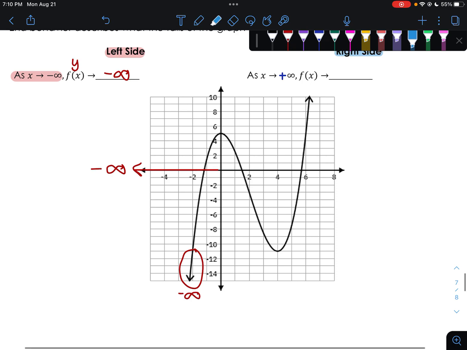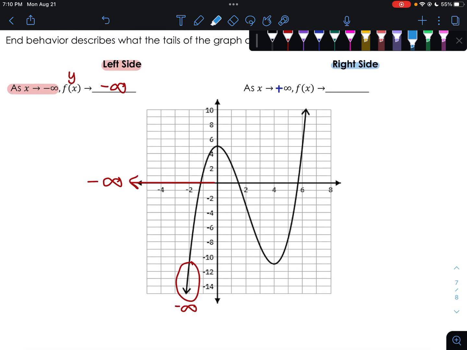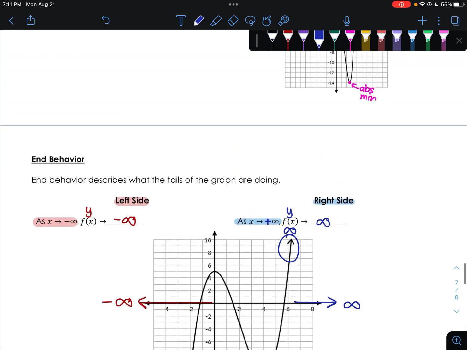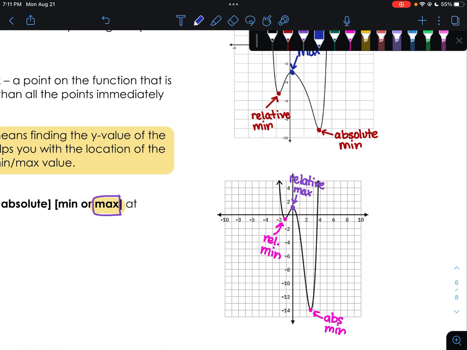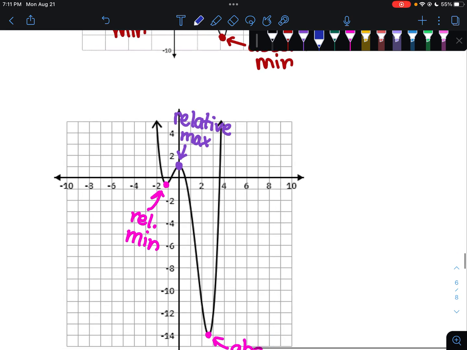Then I have my right side end behavior that says as x goes towards positive infinity, so positive infinity is going this way, what are my y values doing? My y values are also going up towards positive infinity, so that's what goes in this blank. So just to see that on another graph, let's look at this one right here that I kind of wrote on.